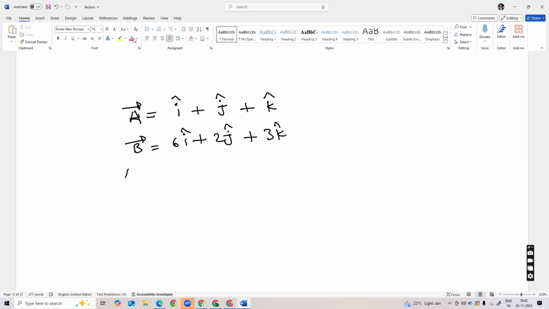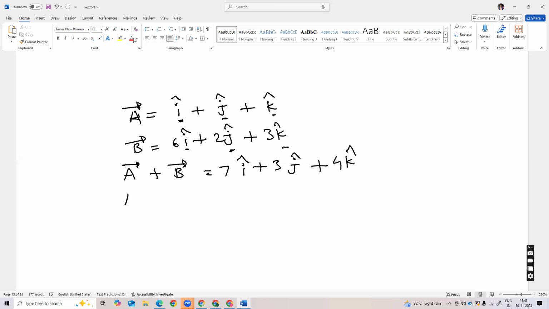So when we add vector A with vector B, we will add like terms: the magnitudes of the vector along unit vector I to I, J to J, K to K. Here, when we are doing A plus B, since the magnitude along I is 1 and 6, I plus 6 is 7I, then here we have 3J and 4K.